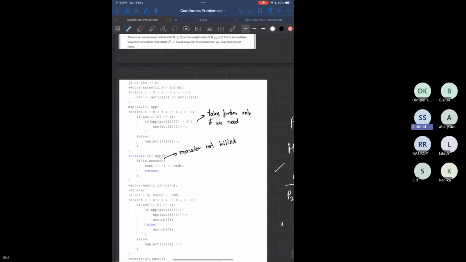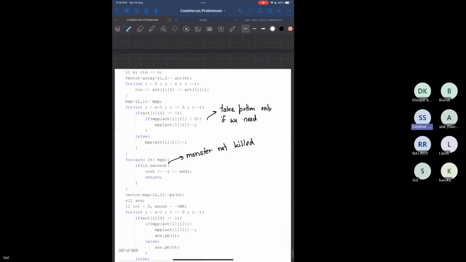For checking, what I have done is initially all the events I have stored in a vector, act of I0 and act of I1, and this map is basically keeping the count of potions we have. I have kept it as a standard that when we encounter a monster, we do plus plus, and if we encounter a potion, we do minus minus.